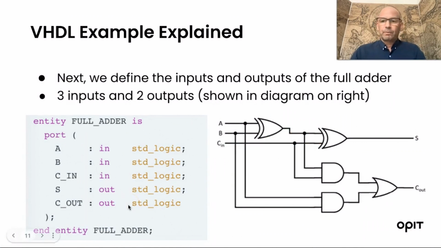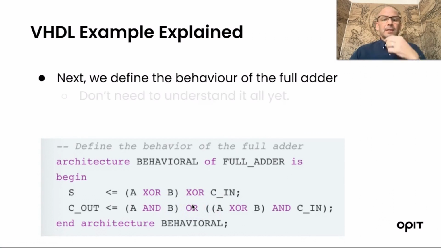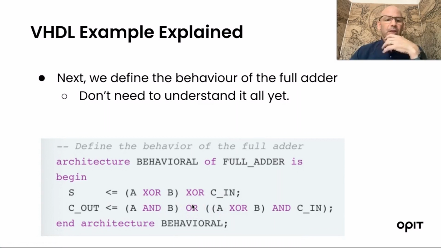VHDL code. So again, this is the same logic that we would apply here. We define the behavior of the full adder. Again, we don't need to understand it all yet. This is just our very basic first kick at it. But you start to get the idea that once we have an understanding of the logic, we can write that logic in code, and then that can be applied to our chipset.